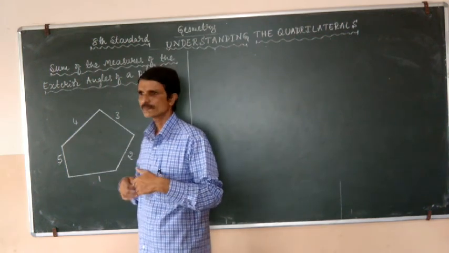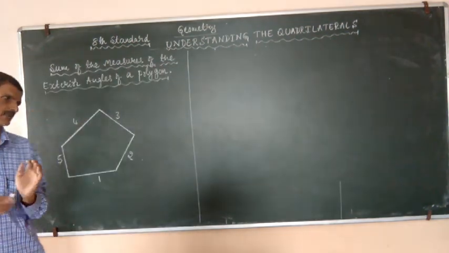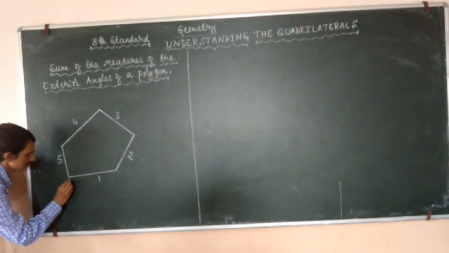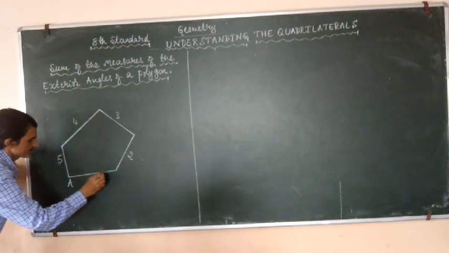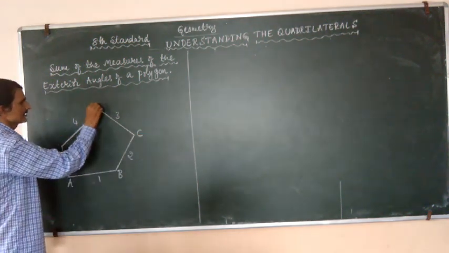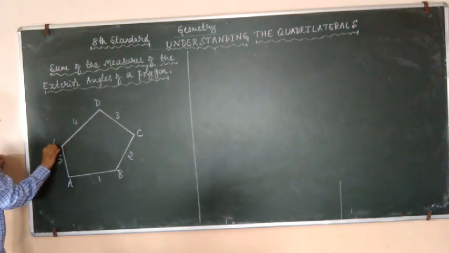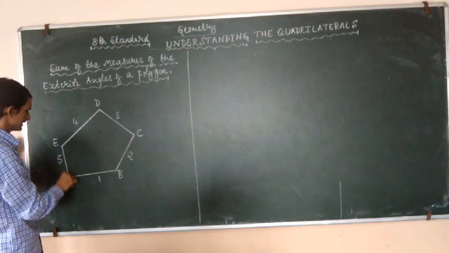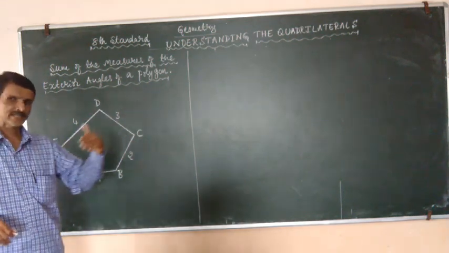Now we have to name the given polygon A, B, C, D, E. Therefore, A, B, C, D, E, A. So it is a pentagon.